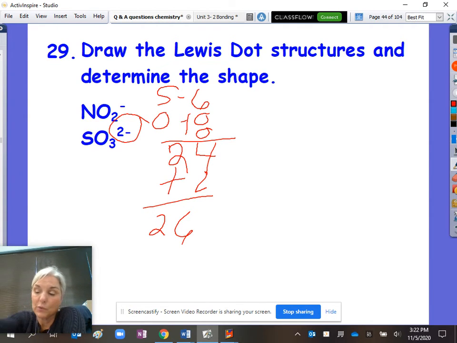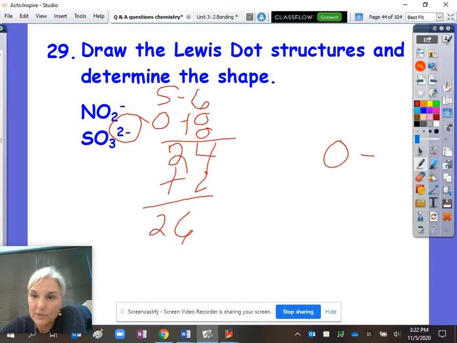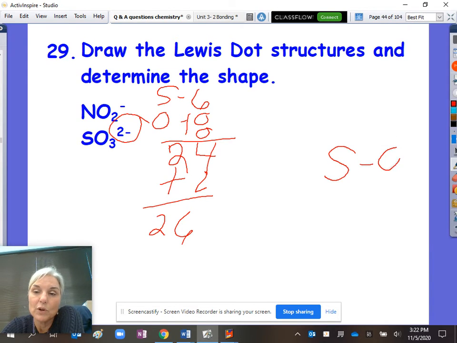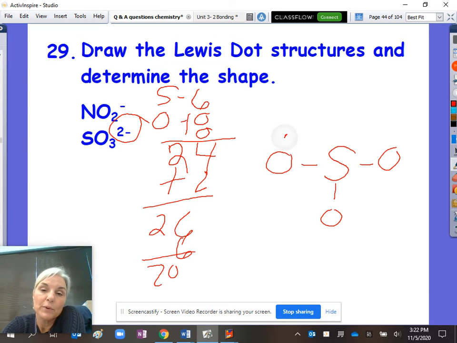So now when we draw it, we're going to put sulfur in the center because that's the one by itself, and we're going to put our oxygens going around it. So I've used up 6, so I'm down to 20, and I'm going to put my dots going around each of the outside atoms.